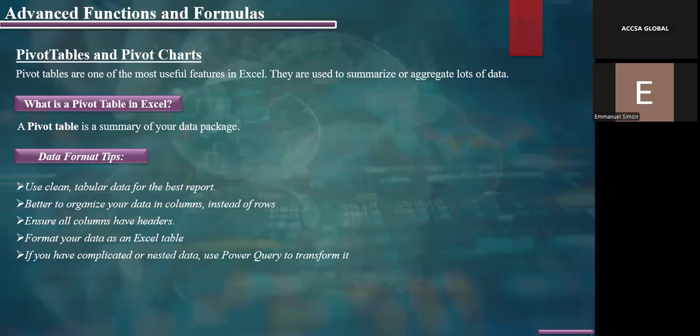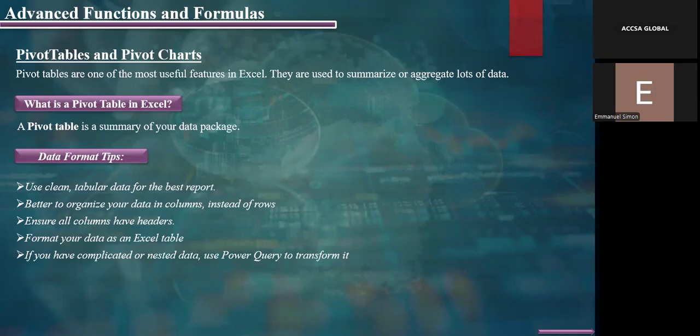It is better to organize your data in columns instead of rows, because at the end of the day, what you'll be dealing with in your pivot table are the fields. If you label them properly, then you can see them to pick. So ensure all columns have headers. Normally, you convert your regular Excel entries to a table, and you can use Ctrl plus T to do that.